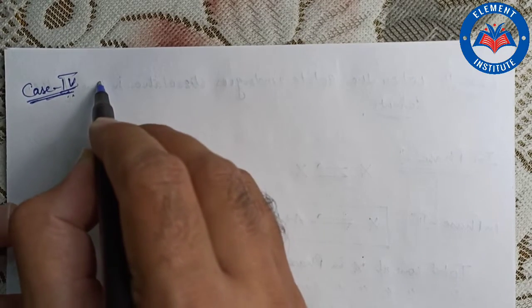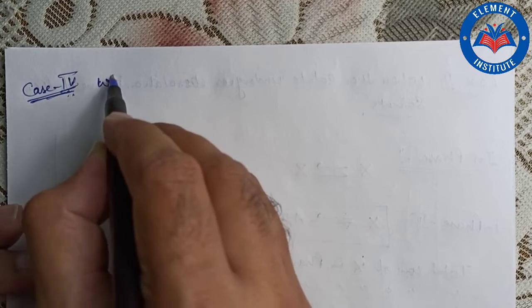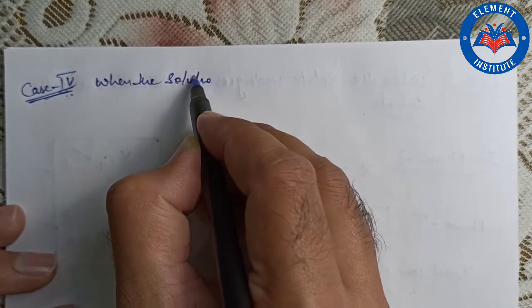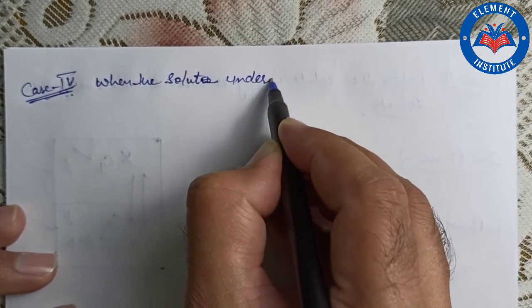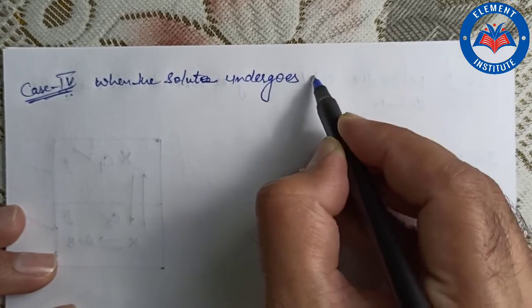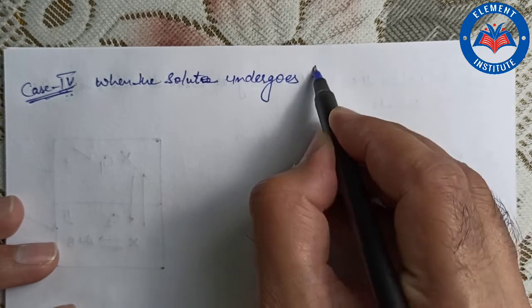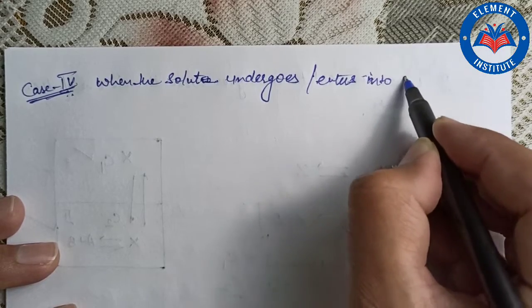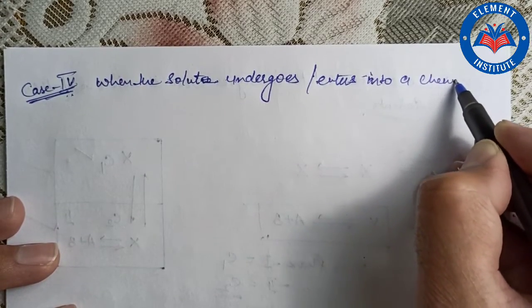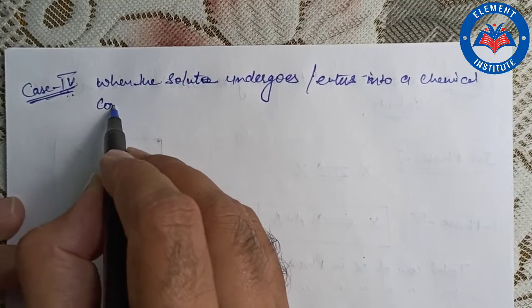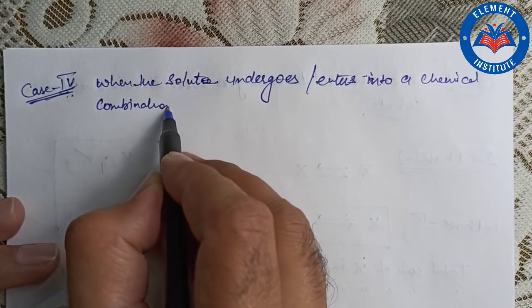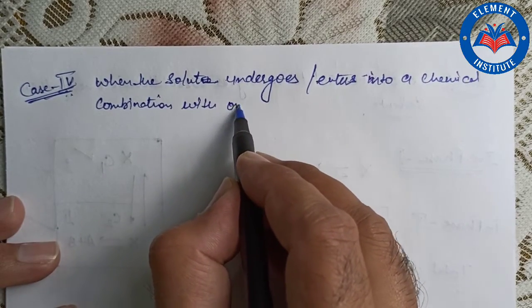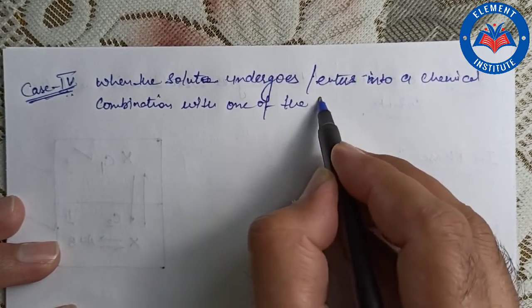So I am writing down case 4, that when the solute undergoes or enters into a chemical combination with one of the solvents.